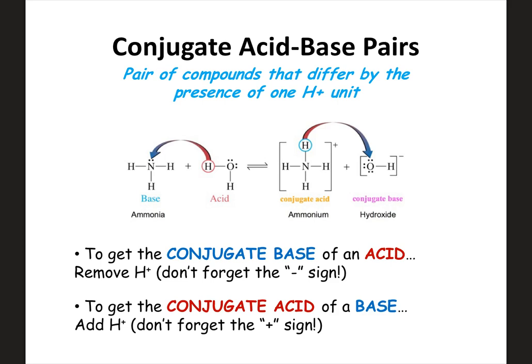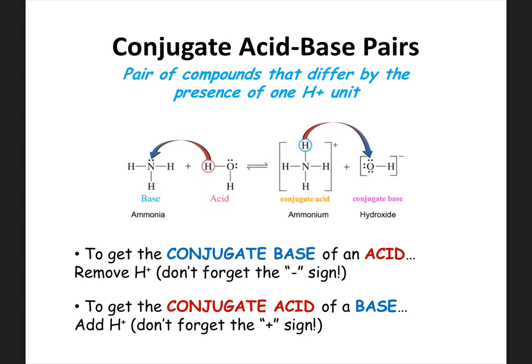So if we have an acid, for example, the water in this equation, you want to remove the H plus there, and that's going to give OH minus, and that would be the conjugate base of that acid. If you want to get the conjugate acid of a base, just add an H plus, but now remember you're adding an H plus, so you're going to have a positive sign here.